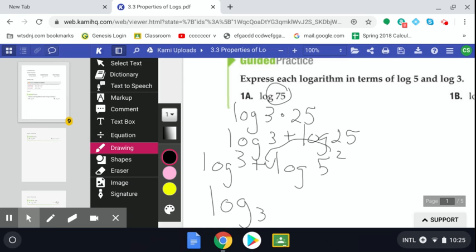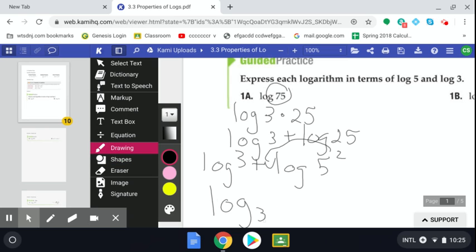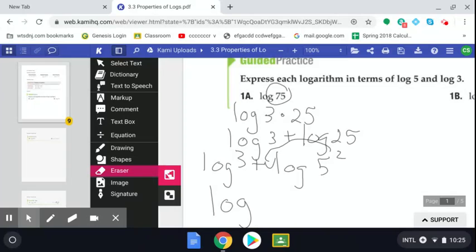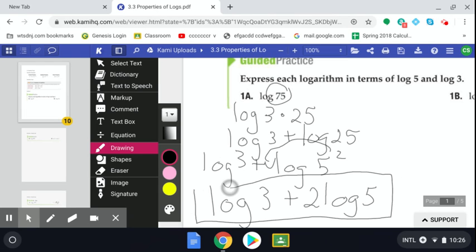Log 3. Let me erase that. All right, so log 3 plus 2 log 5. And that would be my final answer, because I was able to express each log in terms of 5 and 3. So that's what the answer looks like.